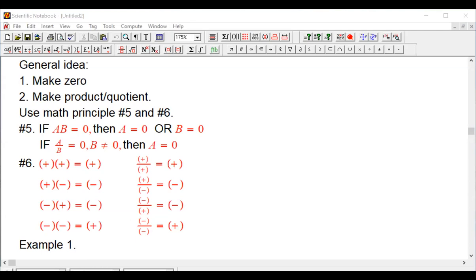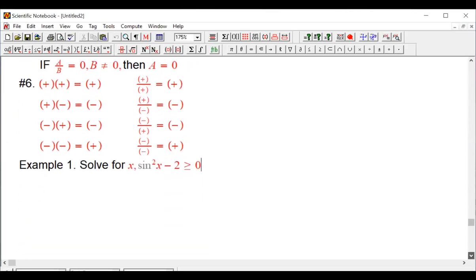Let's look at the first question, which is sine square of x minus 2 is larger than or equal to 0, solving for x.